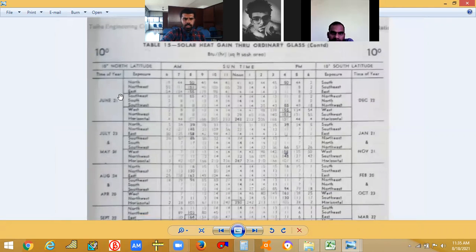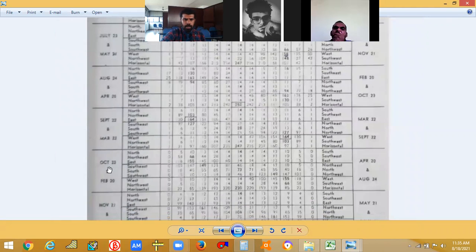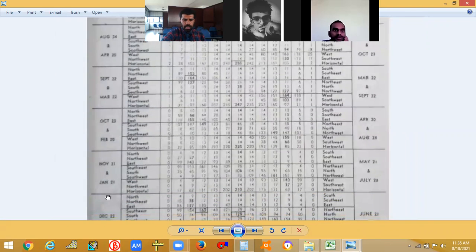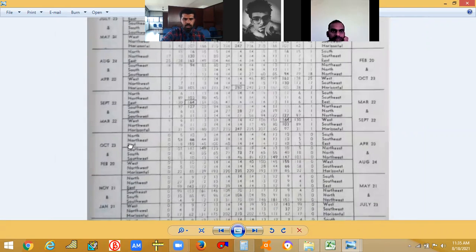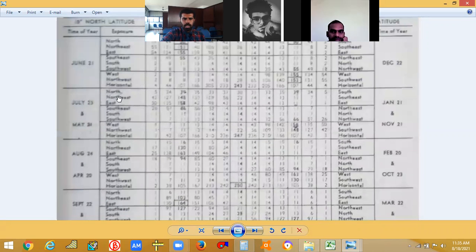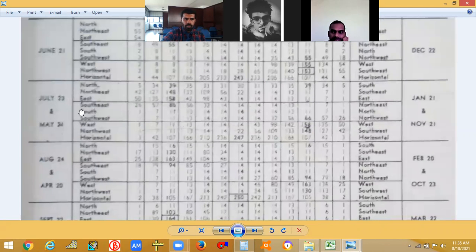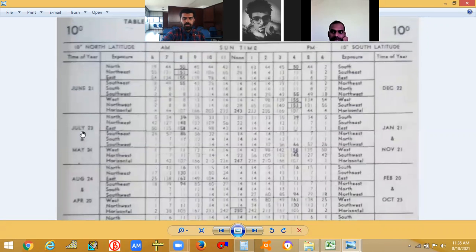And you can see here different months: June, July, May, August, April, September, March, October to February, November to January, December. So here mainly our hottest month will be July, May. For example, I am taking this July to May. So this is my latitude. Okay, this is my hottest month.